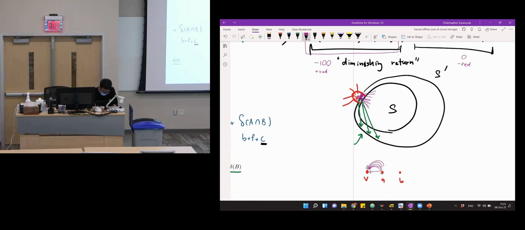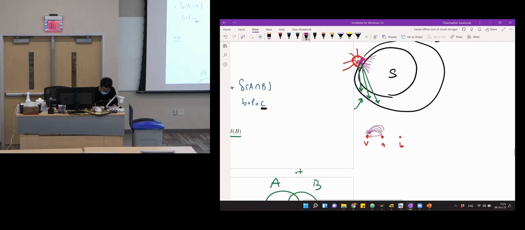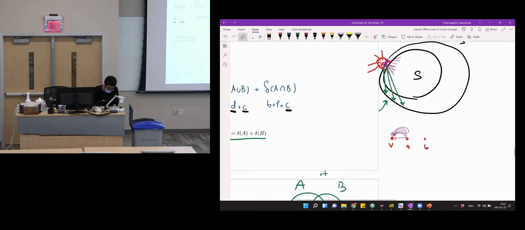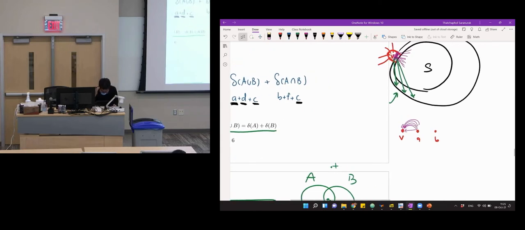And then there is also... I just want to get this A and B. How should I define A and B here, actually?